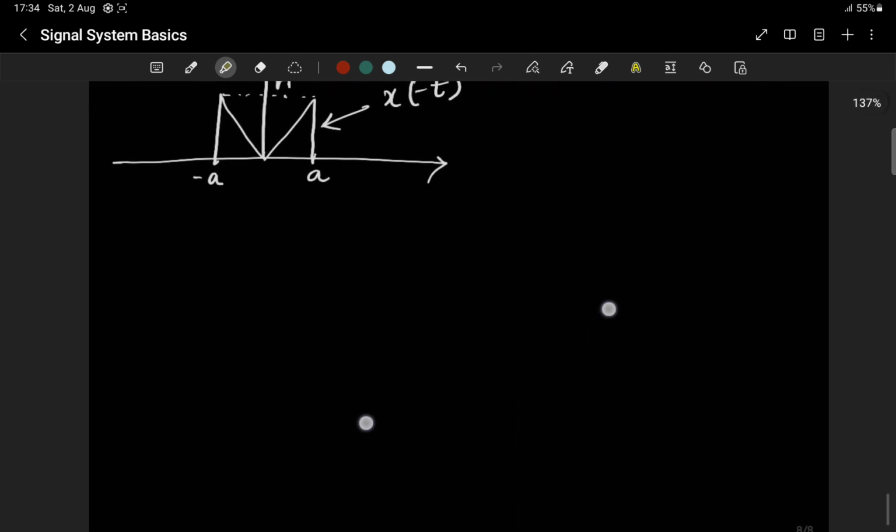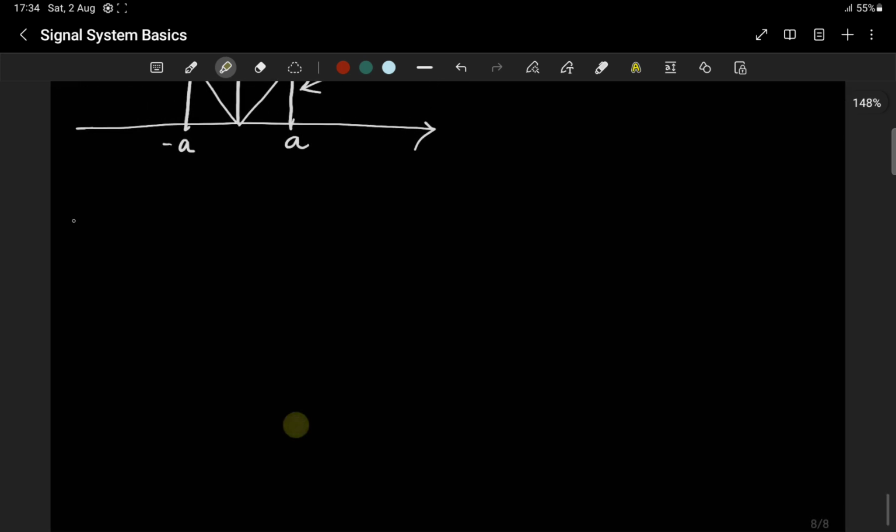Once I complete this, I will be moving to the odd signal. So what is an odd signal basically?